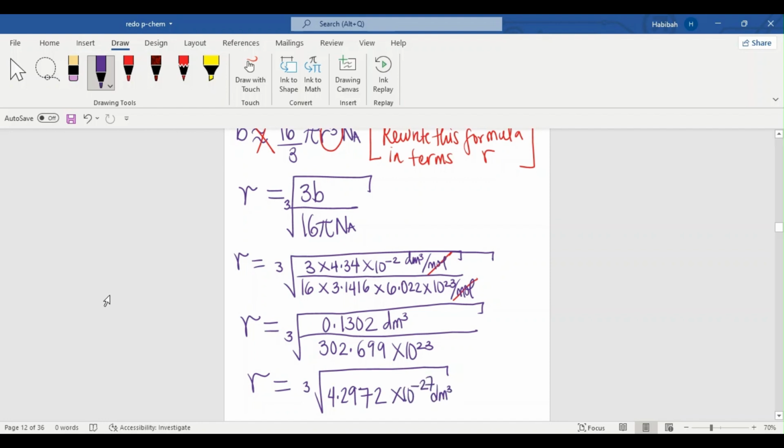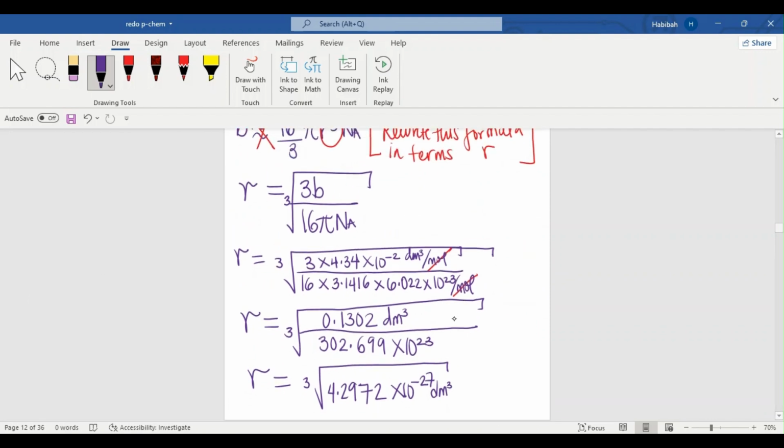So when you cube root this value, you have R. R is now going to equal 1.6258 times 10 to the power of negative 9 decimeter. Of course, we have decimeter, no longer decimeter cube, because we've taken the cube root. The cube root of decimeter cube just becomes decimeter.